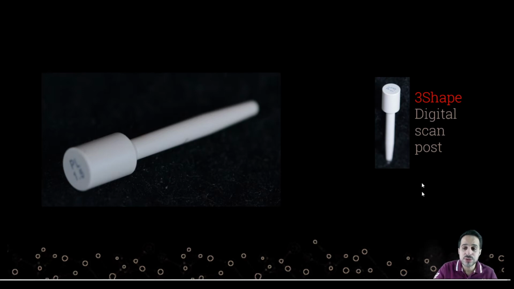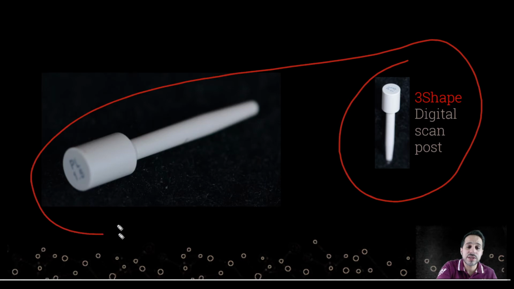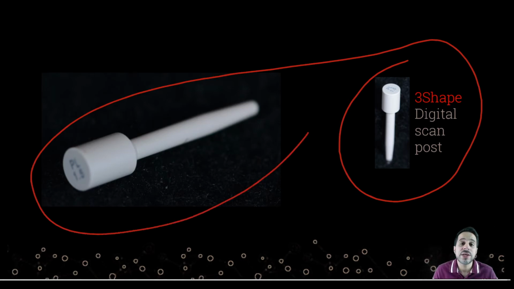This is the post which we will be using during our scanning. This post works like an analog for our lab, just to transfer the information for the tooth position and our post position, depth and width.